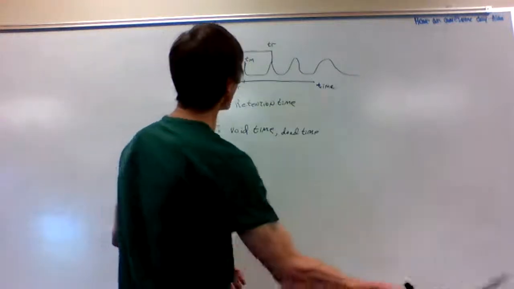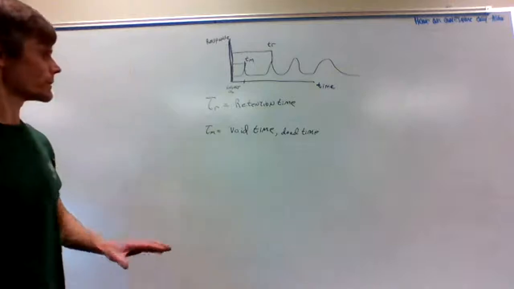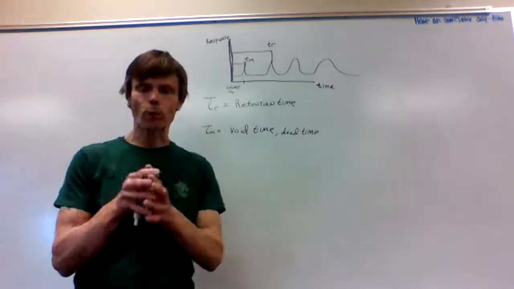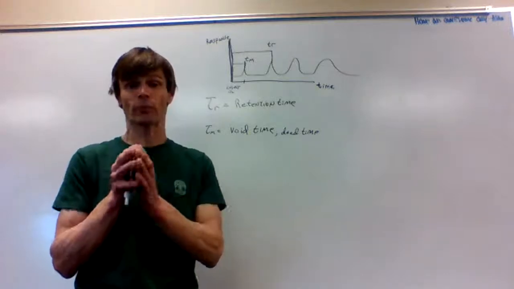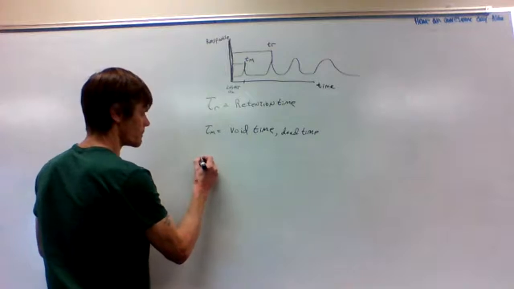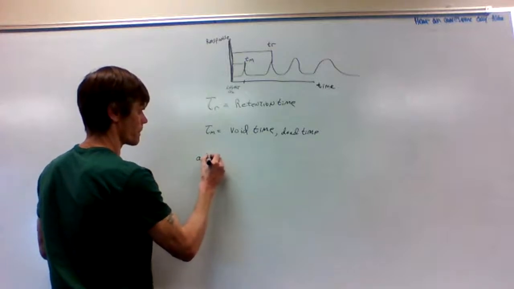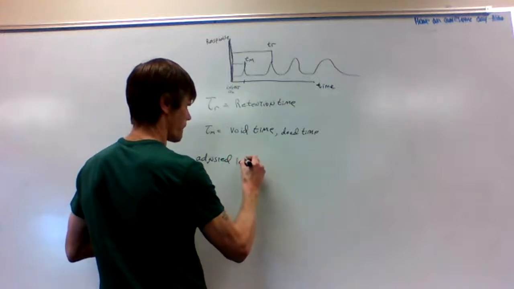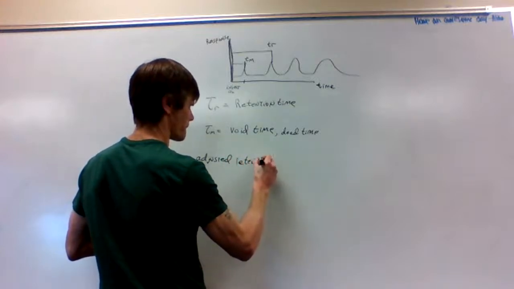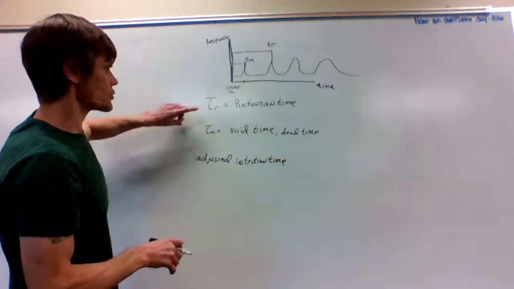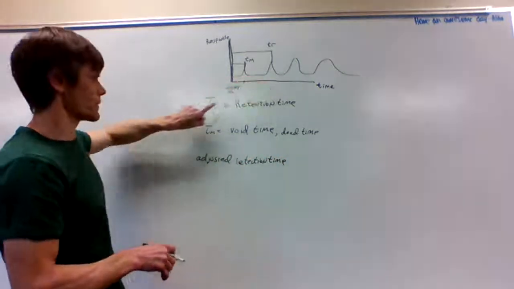So why is this important? Well, with this void time, we can actually record what we call an adjusted retention time. Now, we're going to look at an adjusted retention time for our species of interest.